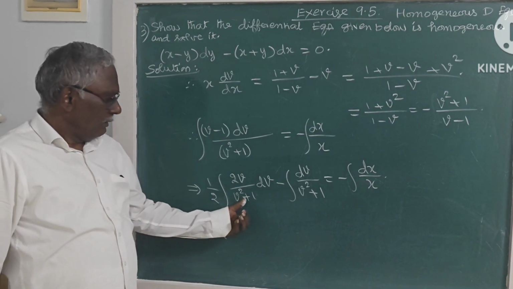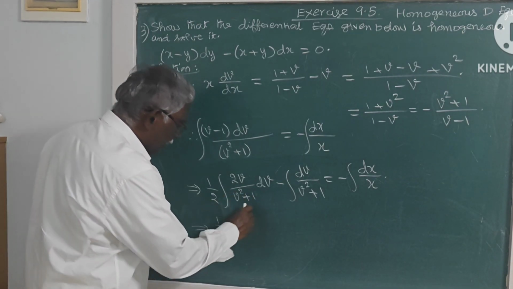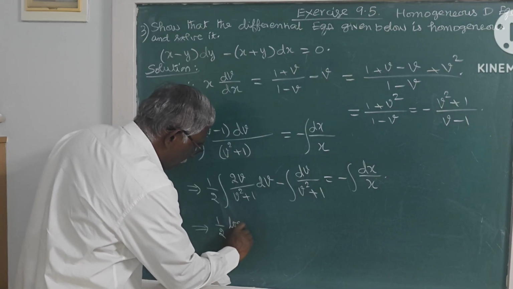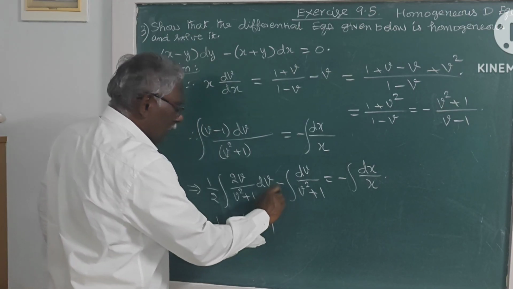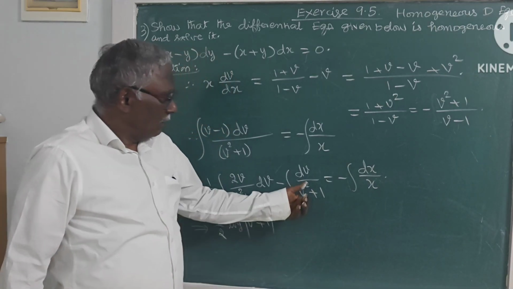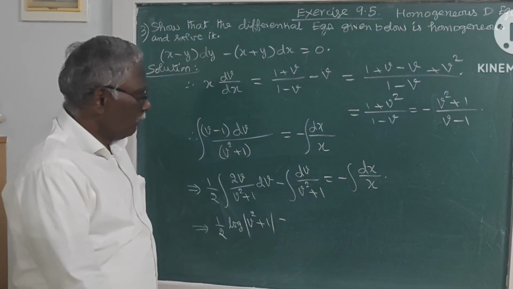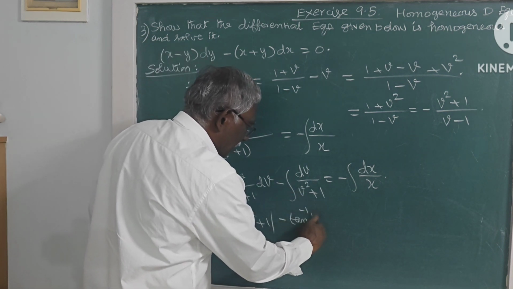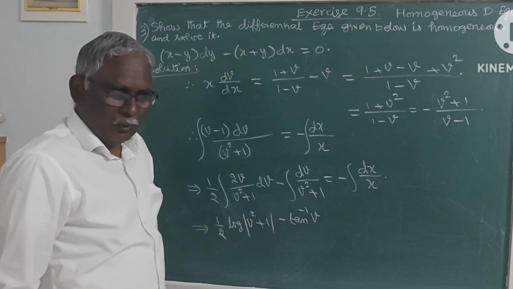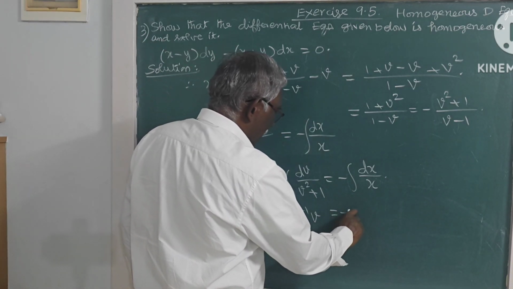So if we differentiate v square plus 1, we get 2v, the value will be log of the denominator. So half log of v square plus 1 minus integral dv by v square plus 1. So it's nothing but 1 by 1 into tan inverse v by 1 is equal to minus log x.